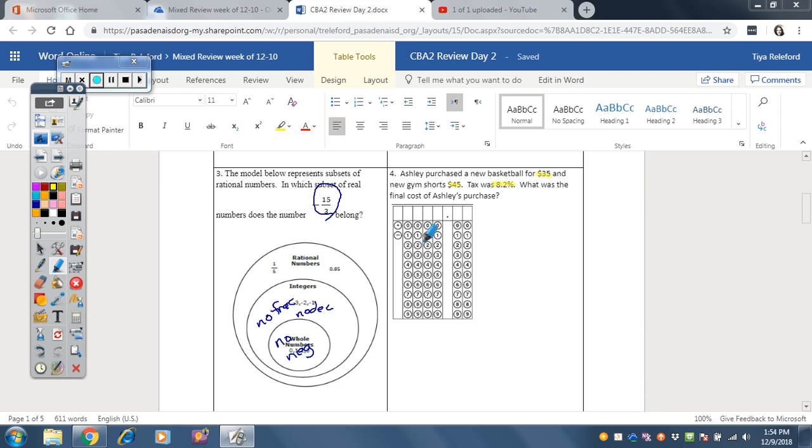Tax was 8.2%. What was the final cost of Ashley's purchase? Just saying, shorts for $45. It's expensive. So you're going to have to add up how much it cost. Then you're going to have to find out how much tax was.